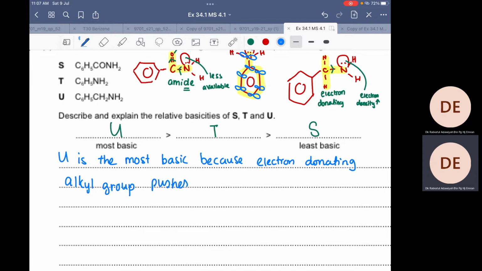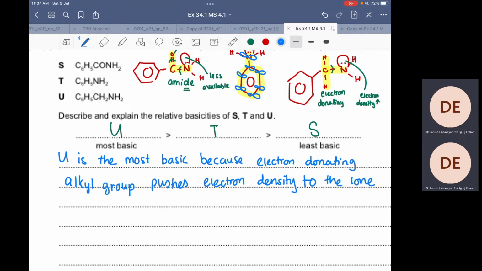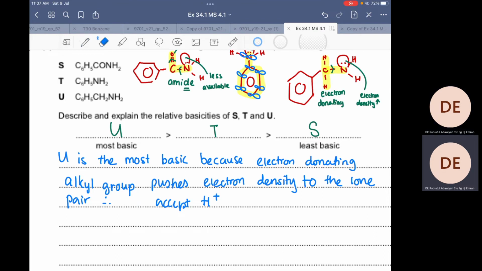pushes electron density to the lone pair. Therefore, it is more able to accept H plus, since we're talking about the relative.